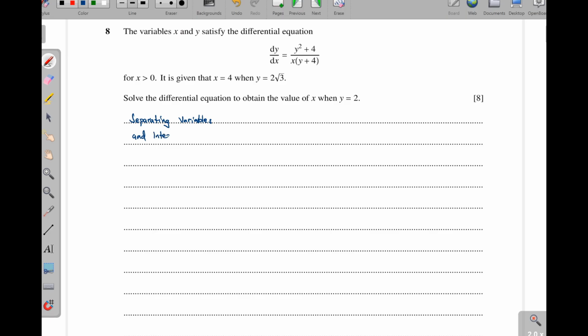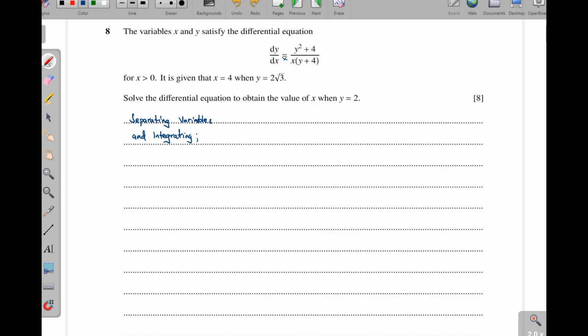and integrate. Okay. So to separate the variables, you put x on one side and y on the other side also. So we can just cross multiply. This part here will go here, and then this one will go down. Then this dx here will go up here.